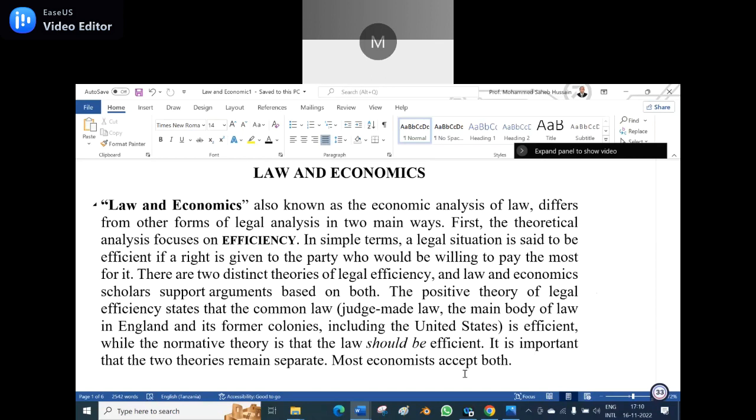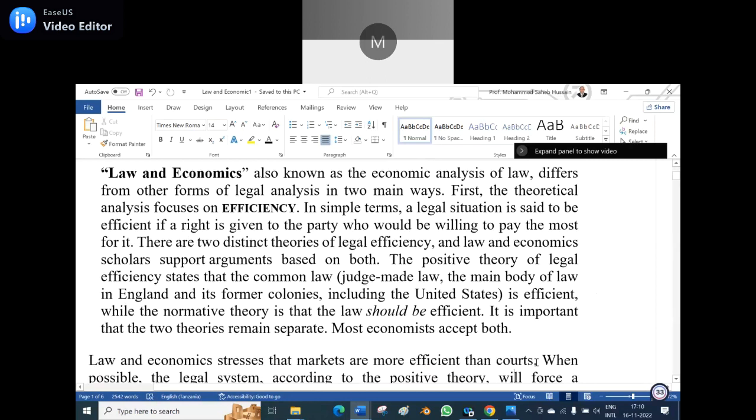That is a positive theory, while the normative theory is that the law should be efficient. It is important that the two theories remain separate, but most economists accept both. One is the positive theory, another is the normative theory, and the normative theory is based on norms.